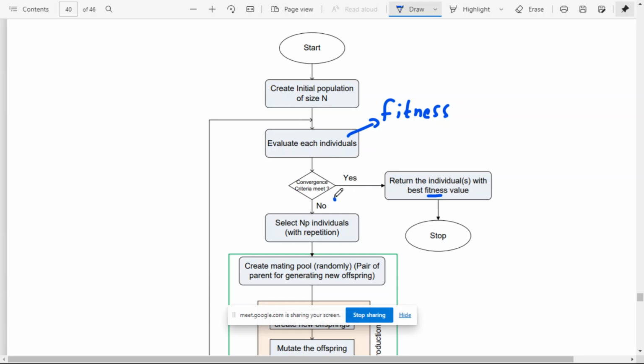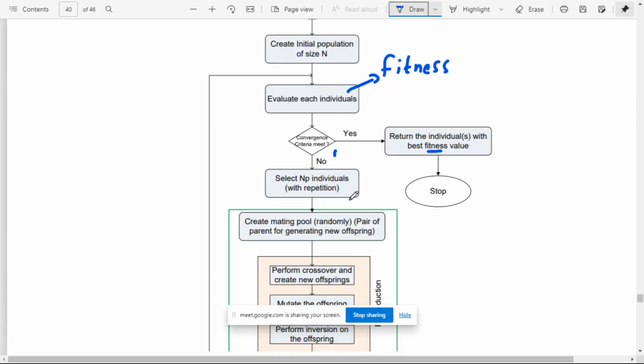Suppose we are not convinced with the solution, I'm not happy with this fitness score, then we select NP individuals, where NP is some number. The total population contains n individuals, and from this n we select NP individuals, maybe the ones with good fitness score.